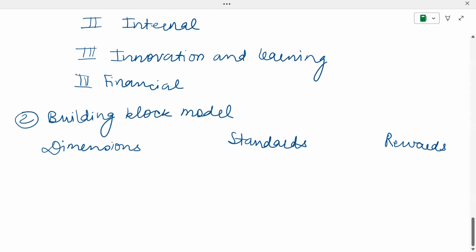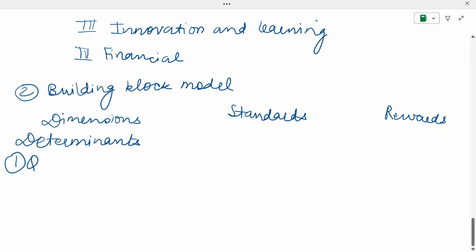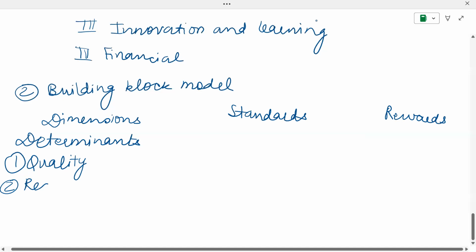So when it comes to dimensions, there are determinants. You know, what are the factors which determine these dimensions? First is quality. Second is resource utilization. Thirdly, you have flexibility.